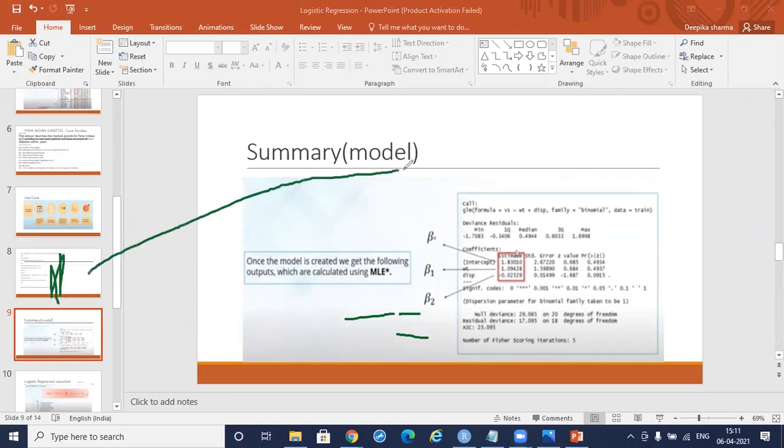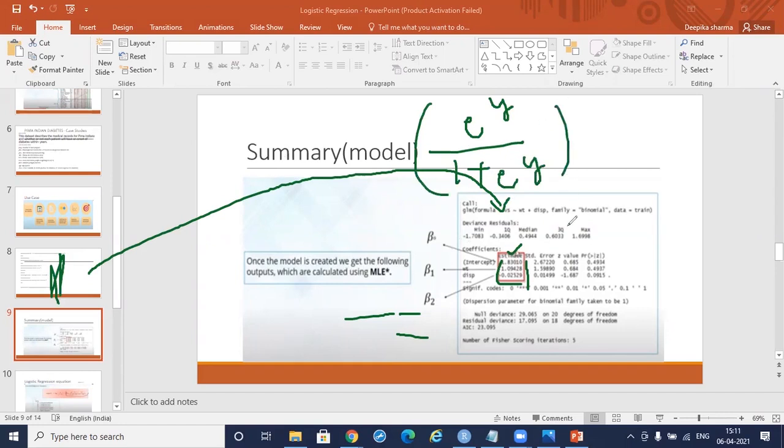we will check the summary of the model, and we will see the intercept and the coefficient values. These coefficient values are taken while calculating this equation internally for logistic regression.